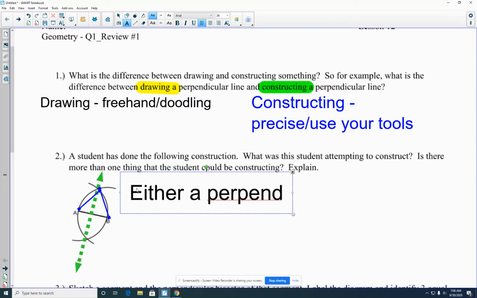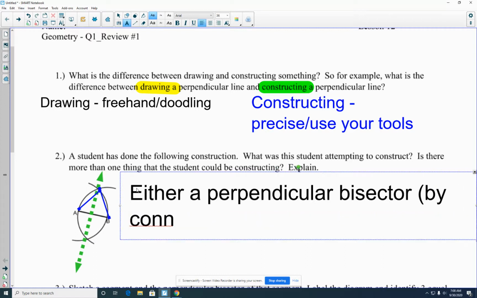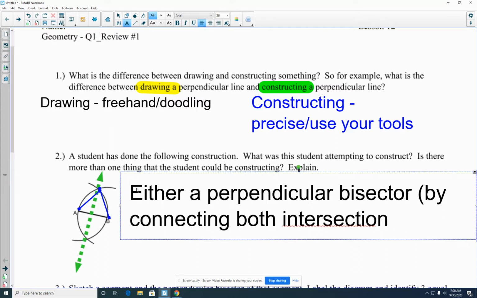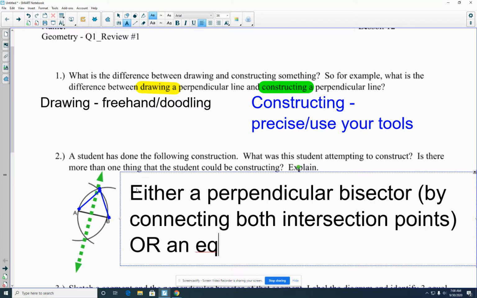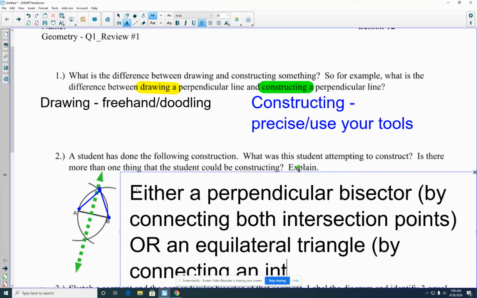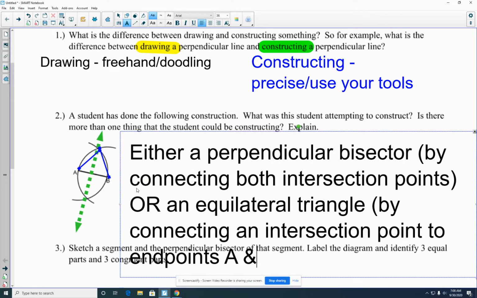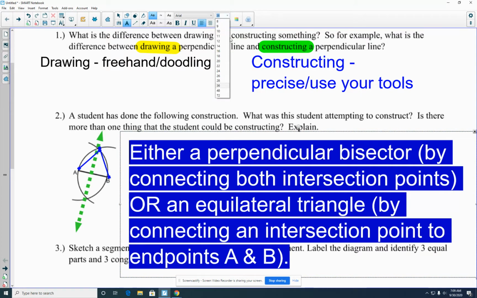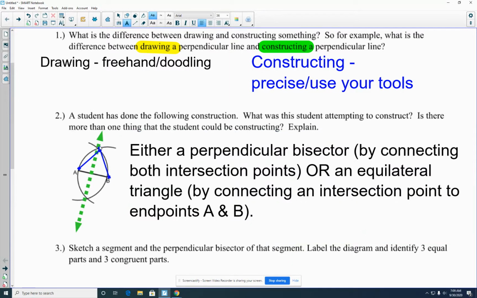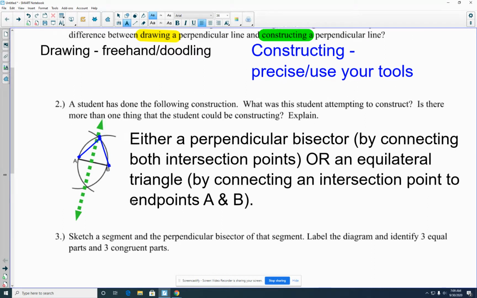Either a perpendicular bisector, and that's by connecting both intersection points, or an equilateral triangle by connecting an intersection point to endpoint A and endpoint B. So one construction could really lend itself to either one of those.